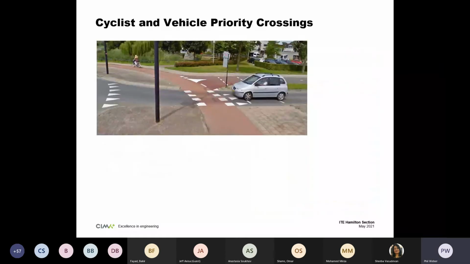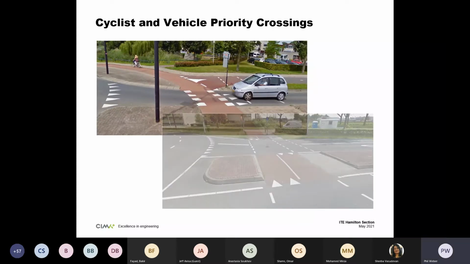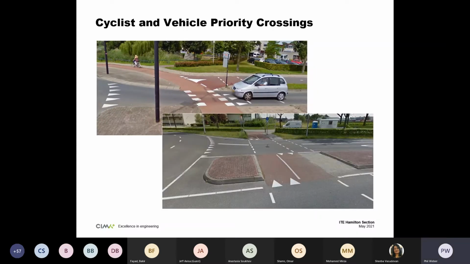Here's what it looks like at street level. So here's the cyclist priority crossing, and you can see the very smooth track for the cyclist, right? And the continuous red pavement through the crossing. And here's the vehicle priority crossing. So the red pavement's discontinuous. You can actually see the yield markings, the triangular markings for the cyclists in this case.